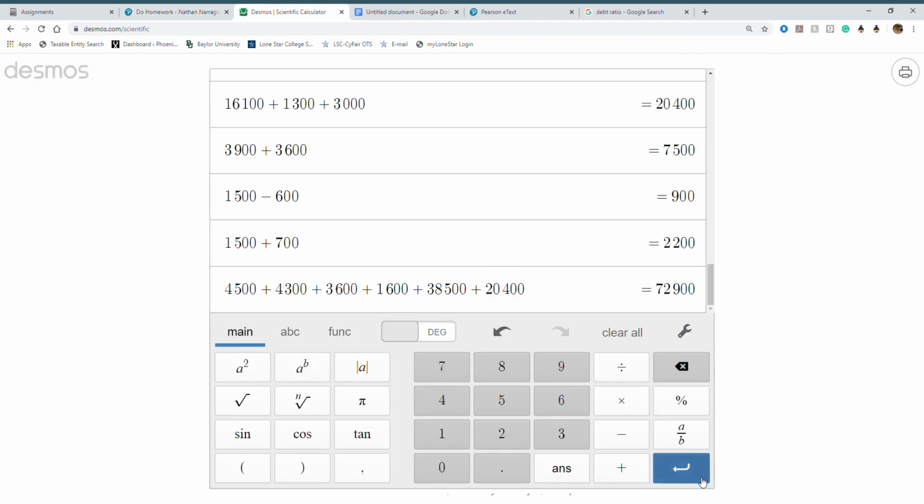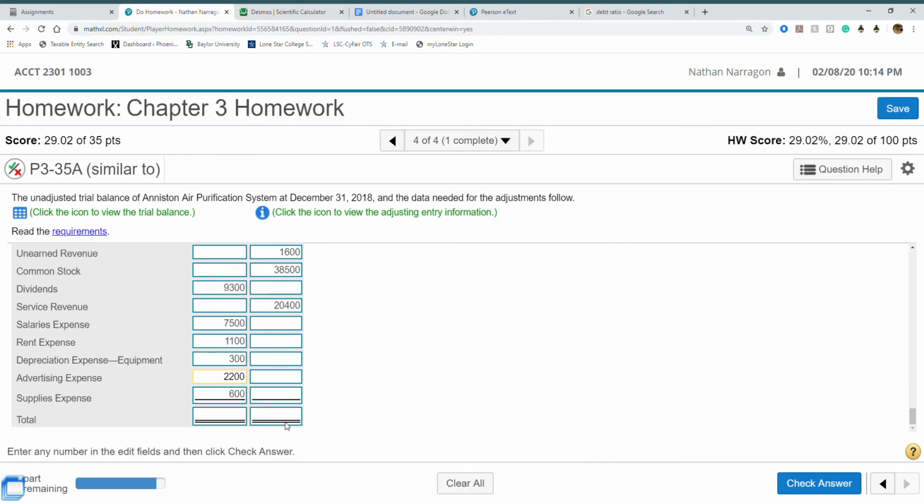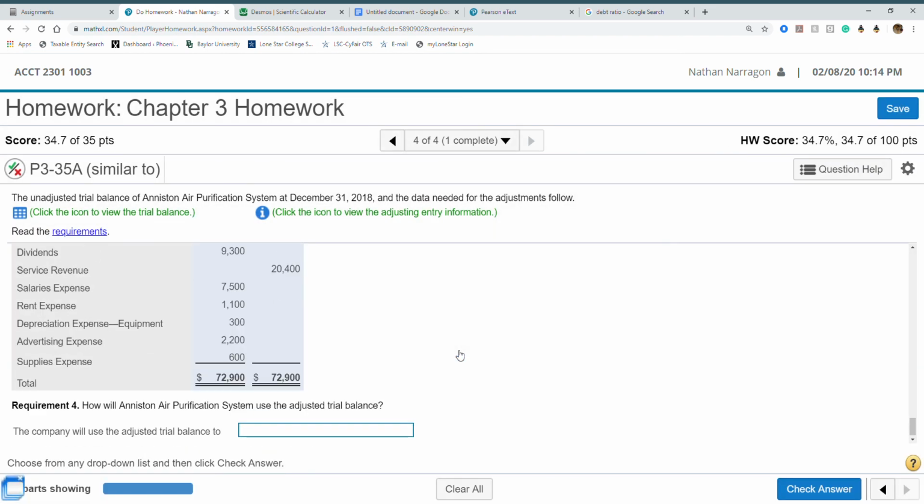Okay, 72,900. And the reason why I know it's the same is because I copied and pasted everything from T accounts exactly like they are. So if I added all these, they should have been balanced. And they're done.